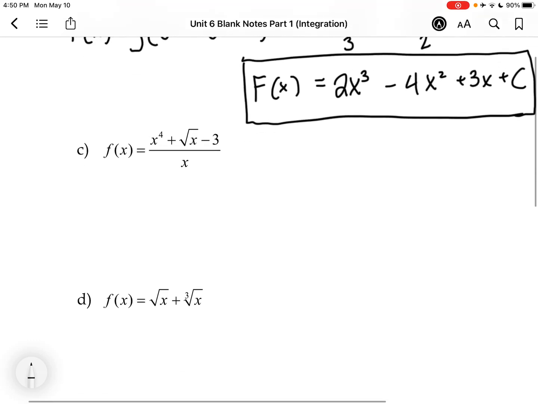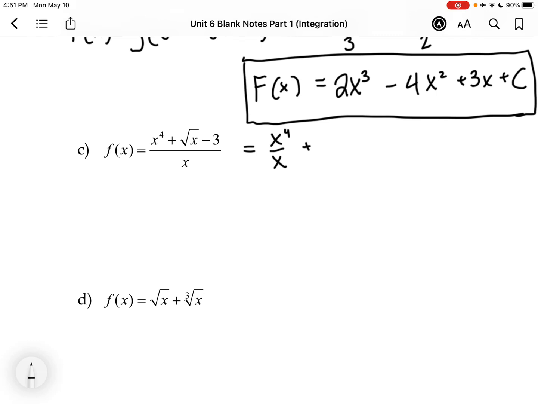All right, now for something like this next example, what you want to do for sure is divide each term by x, right? So this is the same as x to the 4 over x plus the square root of x over x.